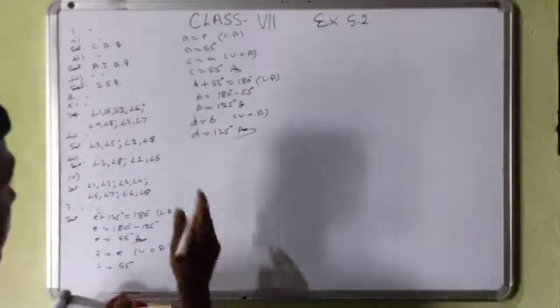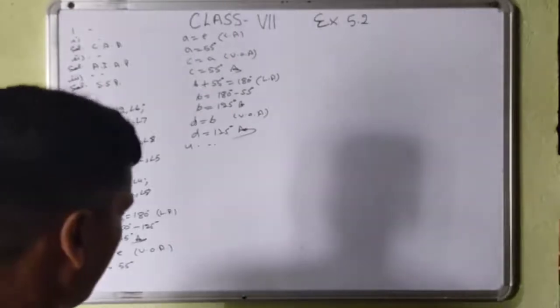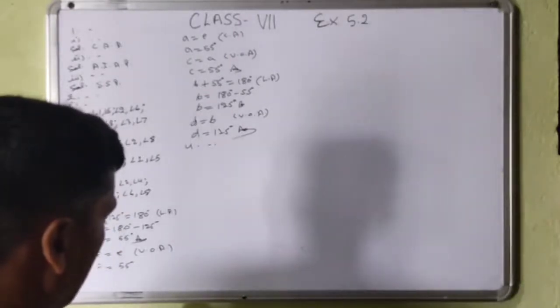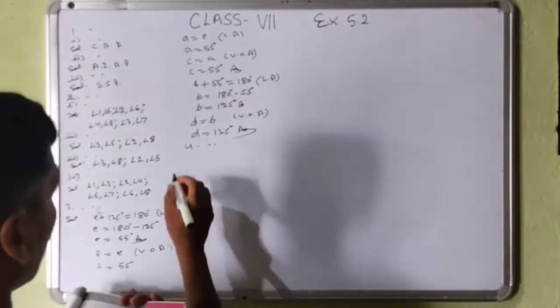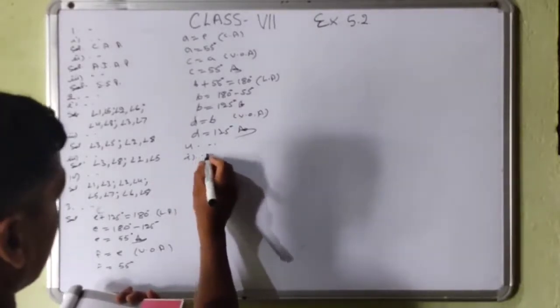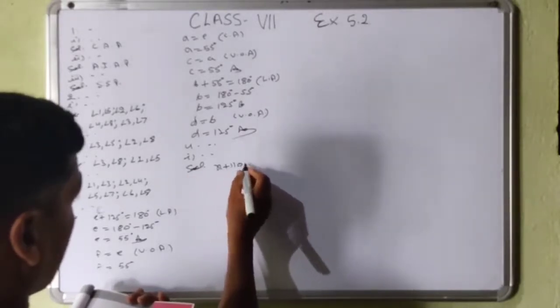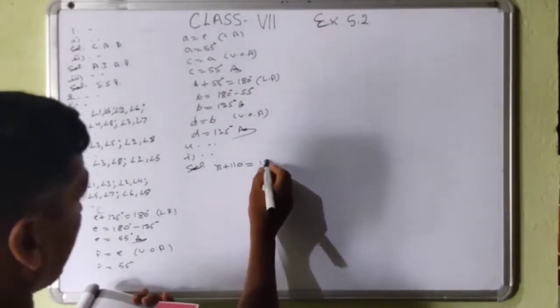Question number 4. Find the value of x in each of the following figures if L is parallel to M. First part, solution: x plus 110 is equal to 180 degrees.